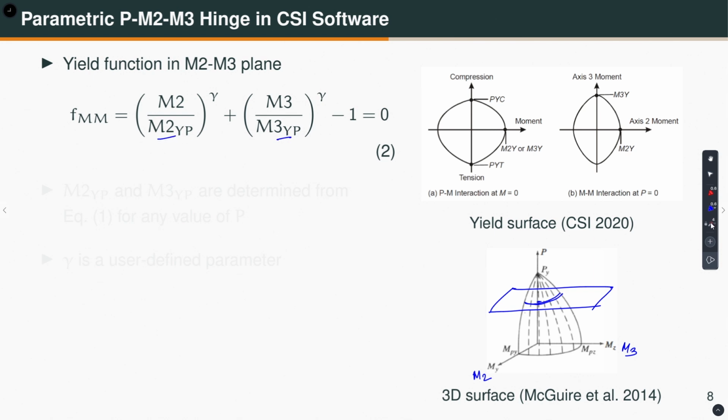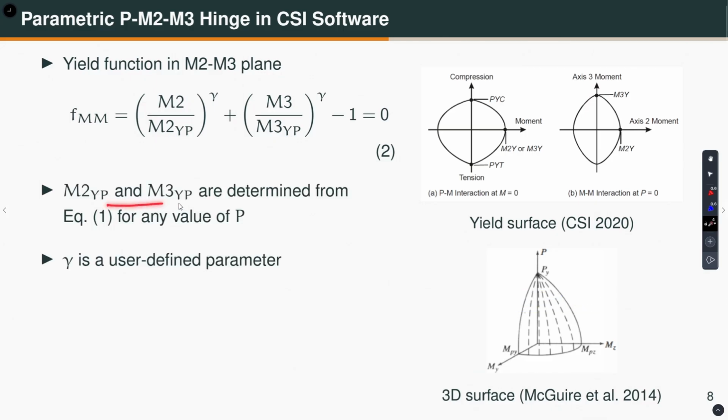All I am doing is, for a given axial force, I am trying to define this, where this number, if you drop down vertically, this point is your M2yp and this point is your M3yp. Now these two equations together define this complete surface in 3D. This is what I stated here, and gamma is a parameter that is defined by the user to model this interaction.